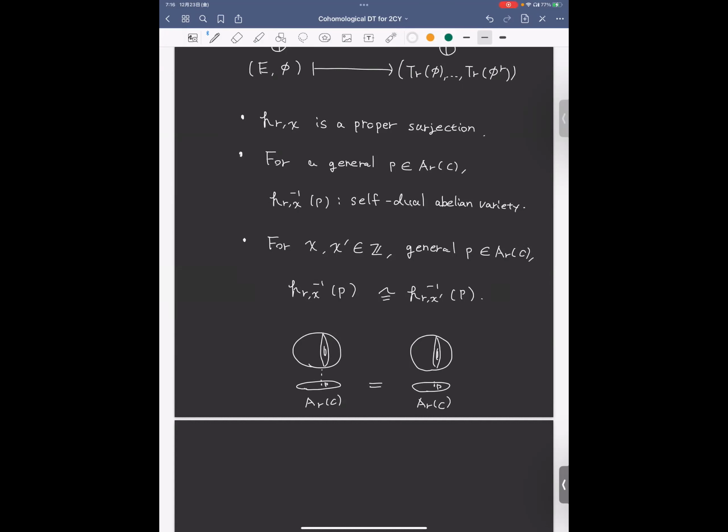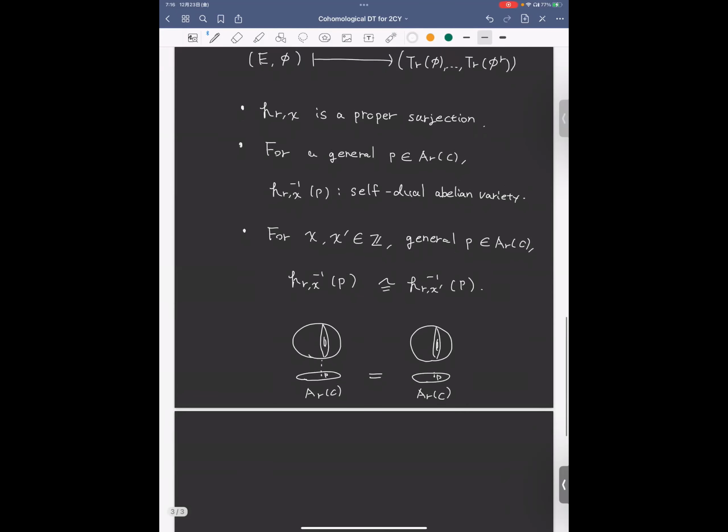And since this abelian variety is self-dual, this is M Higgs of R chi of C, and this is M Higgs of R chi prime of C. So since these fibers are self-dual and they are isomorphic, we can say that these spaces are mirror dual in the sense of SYZ. So we can expect mirror symmetry phenomena for these spaces.